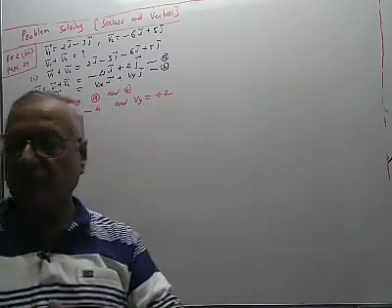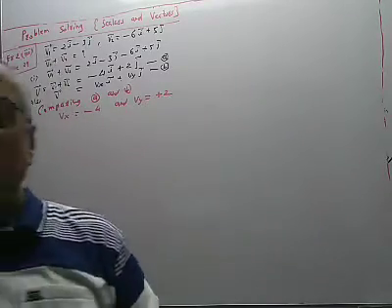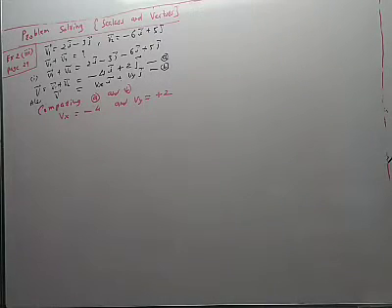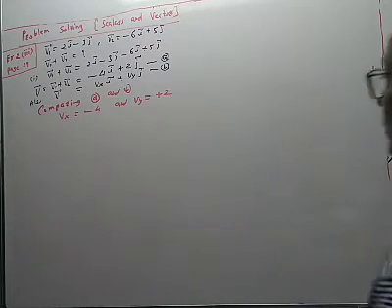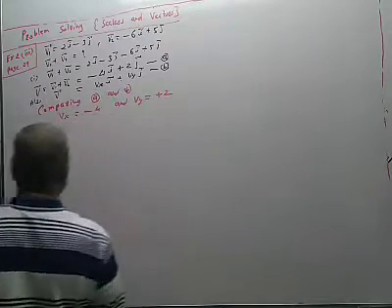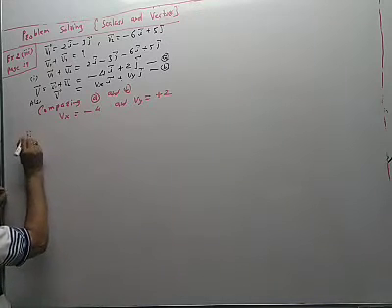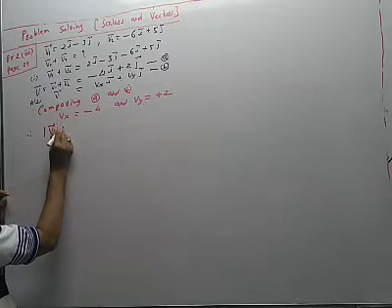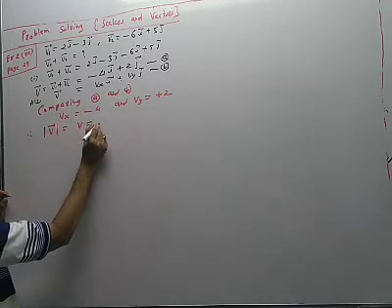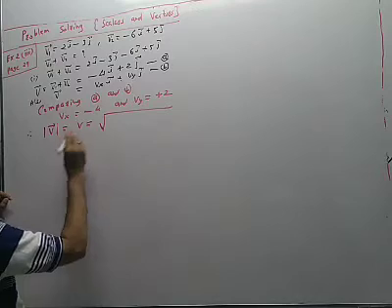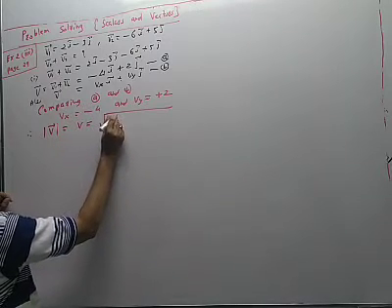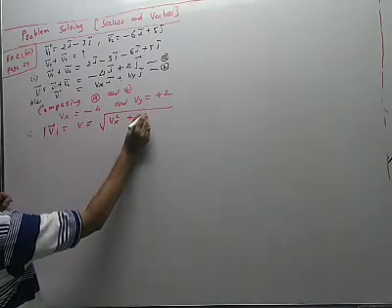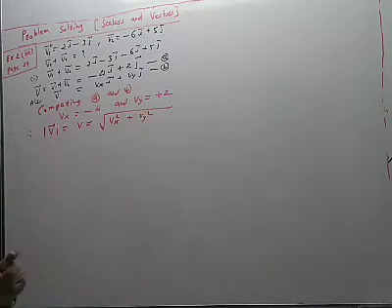So we know Vx and Vy. So once we know Vx and Vy, we can find the magnitude. If we know the x and y component, now in this case there are only two components, x and y component. We can also find the magnitude by using three components. Therefore, magnitude of V, or simply V, is equal to under root, this is the formula, Vx square plus Vy square.